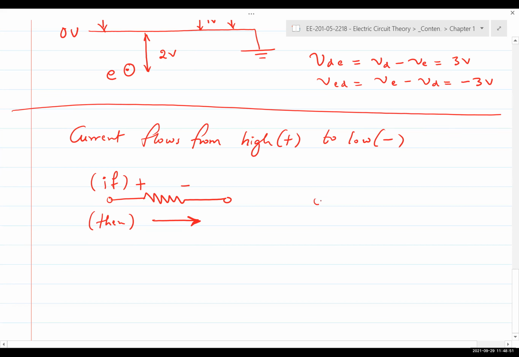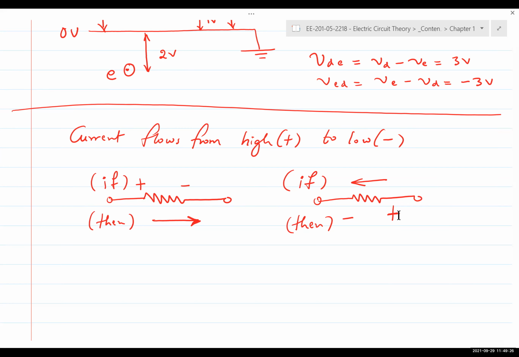So if current direction is given, let's take left to right in this case, then where is the plus sign, on the left or the right? On the right, right? Point of entry is plus, point of exit is minus. And this is true for all passive components, whether it's resistors, capacitors, or inductors. Point of entry will be plus, point of exit is minus.